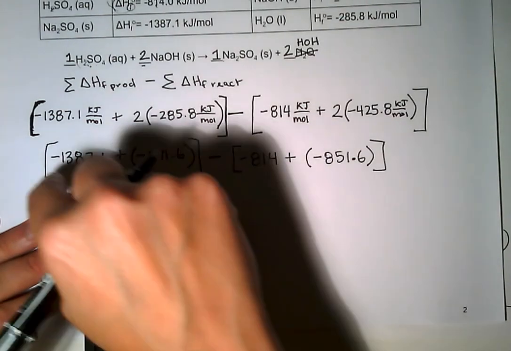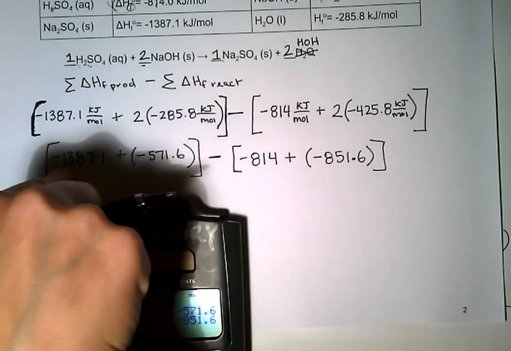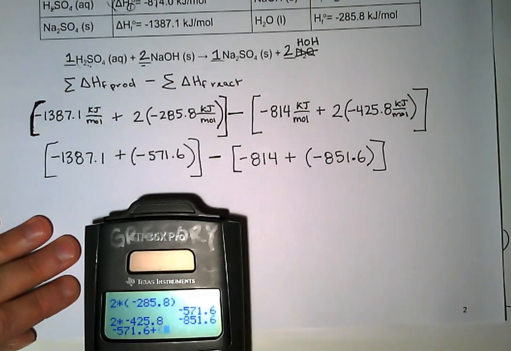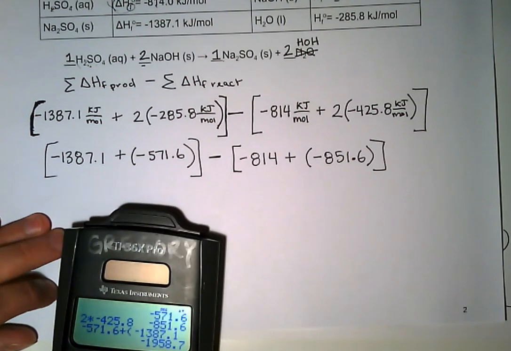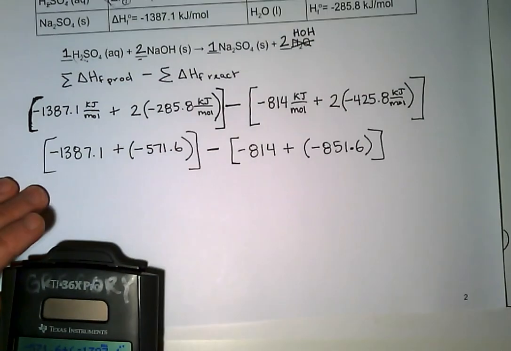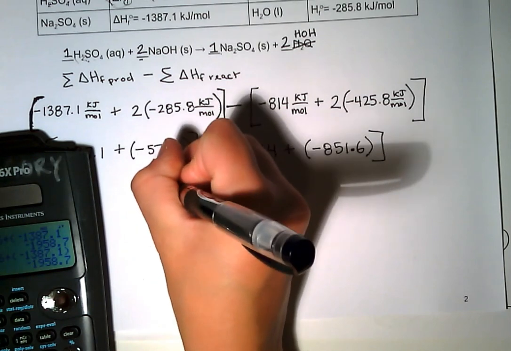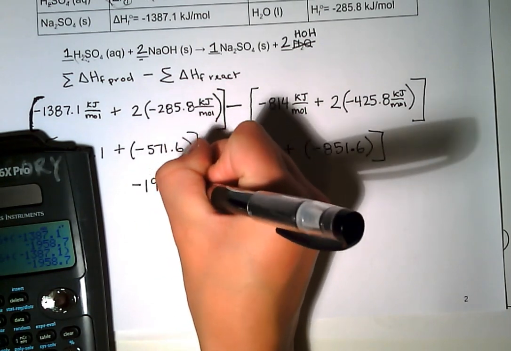Now I'm going to do each set of parentheses. So I'm going to take this previous value, negative 571.6, and then add that other value plus negative 1387.1. And I'm actually going to redo that because I forgot to close my parentheses, but it gave me the same answer, which is negative 1958.7.